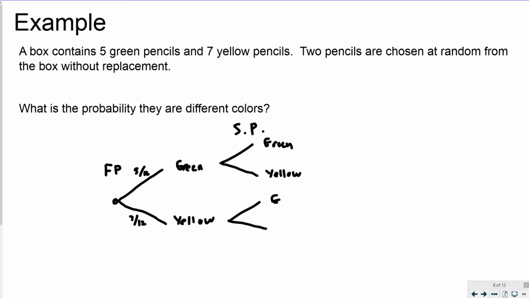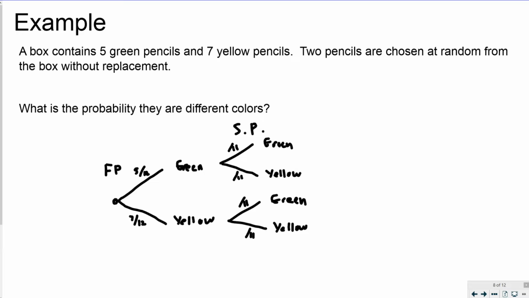I could have a green or a yellow. And then I am going to assign each one of these 1, 2, 3, 4 branches a probability. It says 2 pencils are chosen without replacement, so we're not putting them back. So all of these new probabilities are out of 11 because we did not put the pencil back.